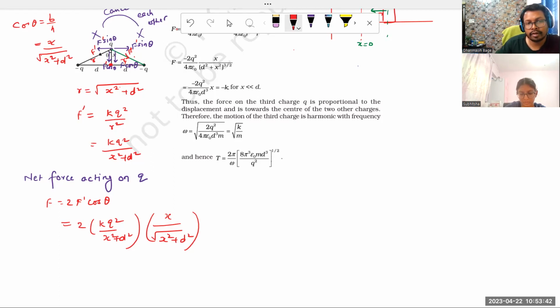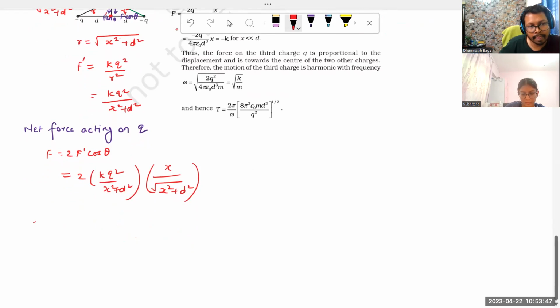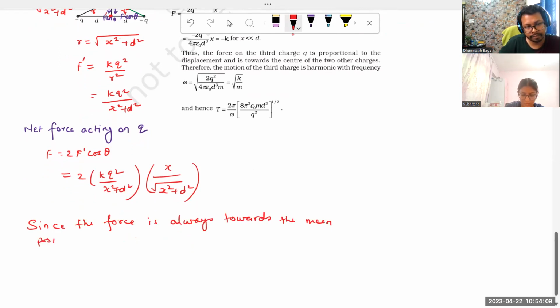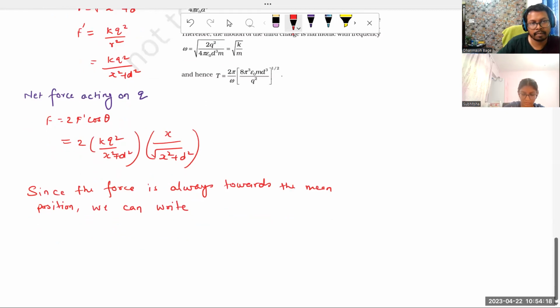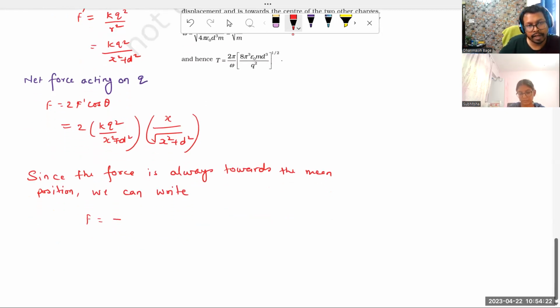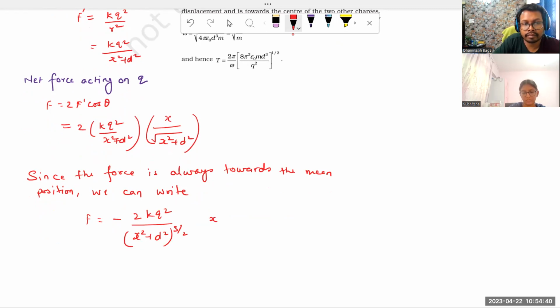Like this is the net force acting, since the force is always towards the mean position, we can write F is equal to minus 2kq square by x square plus d square to the power 3 by 2, times x, right? This is what we can do.